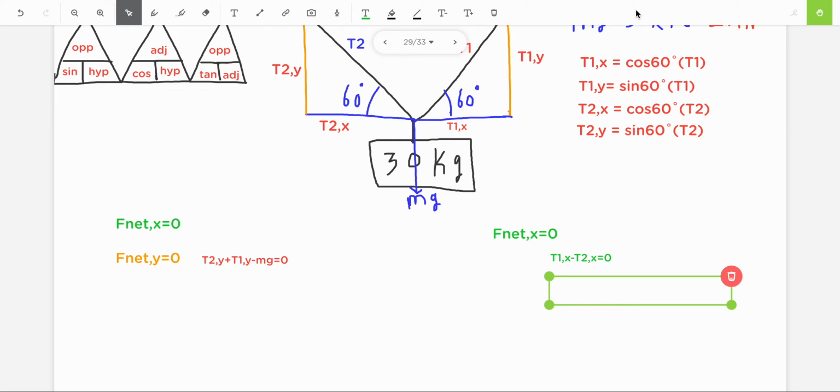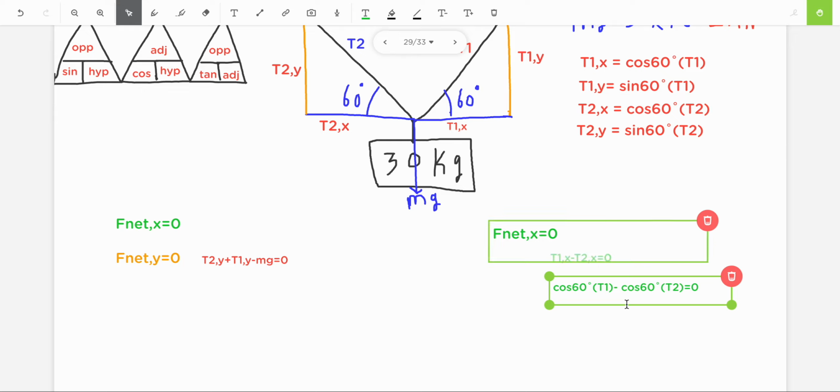T1x is cosine of 60 degrees multiplied by T1, and minus T2x, cosine 60 degrees multiplied by T2, equal to 0.